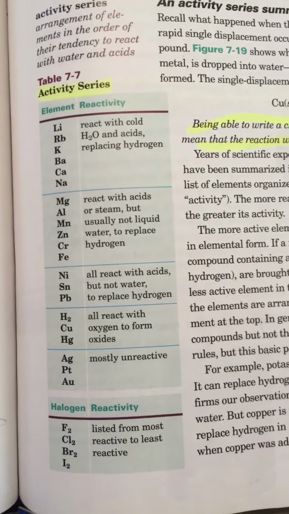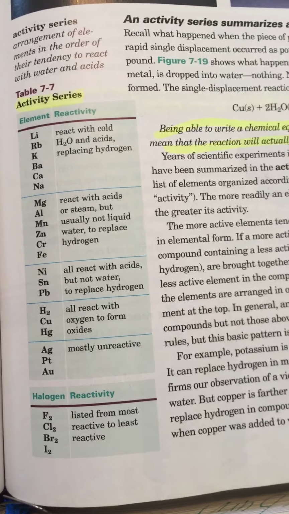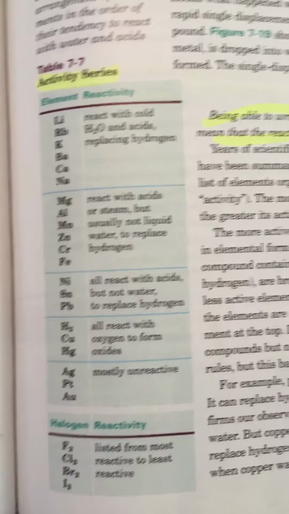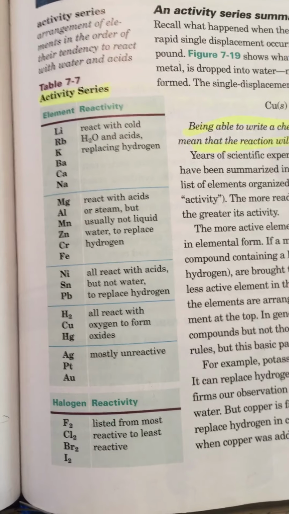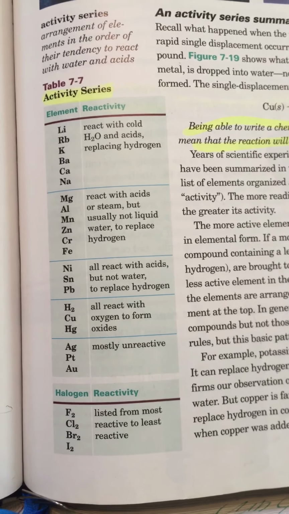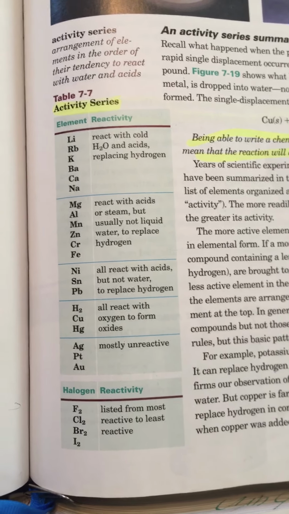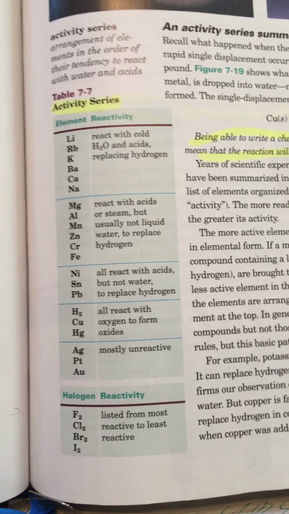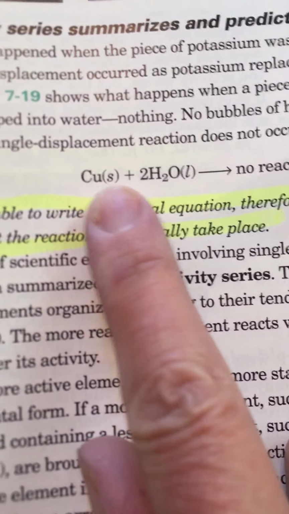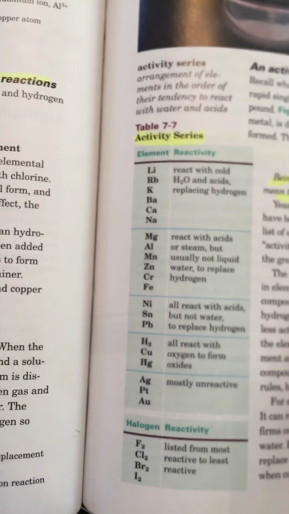Now there's a way to tell this just by looking at the periodic table, but usually on the high school level you're more going to have one of these charts and you figure out if it's strong enough to replace what it wants to replace or not. So here, can copper replace hydrogen?